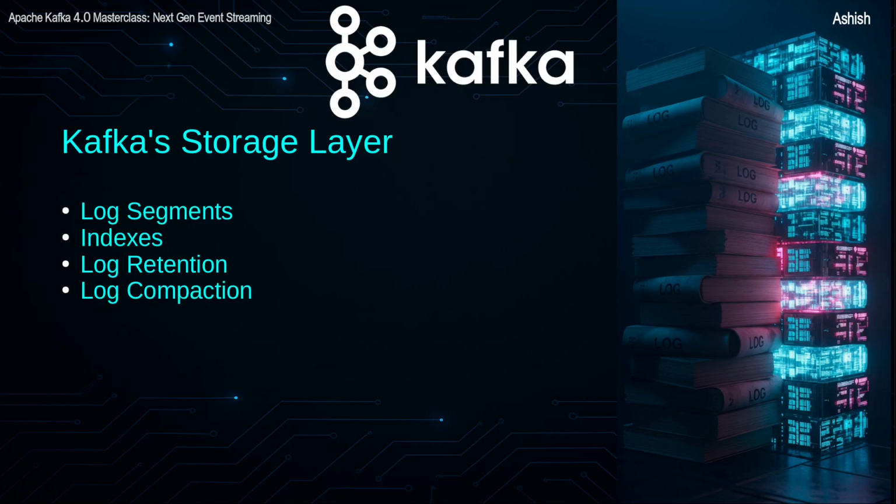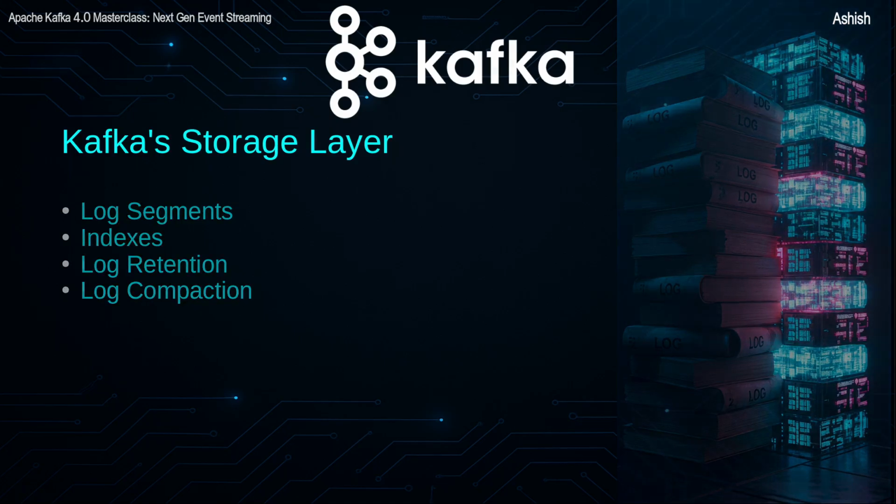And finally, log compaction, a powerful feature for managing data where you only care about the latest value for a given key. Understanding these concepts is crucial for optimizing Kafka's performance, managing its disk usage, and grasping its data durability guarantees. So let's begin exploring Kafka's disk secrets.